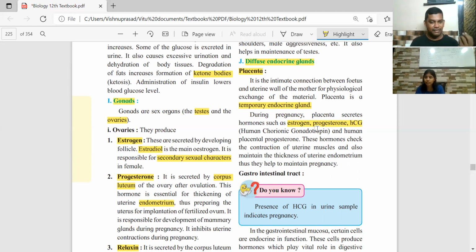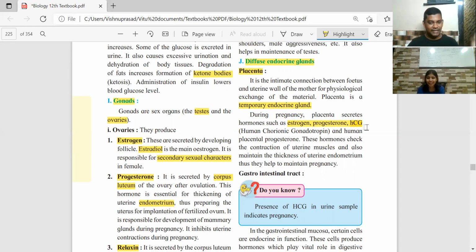If a woman is pregnant, her urine will have traces of HCG, human chorionic gonadotropin. This is secreted by the placenta, and if the placenta is there, that means the embryo is there, that means fertilization has taken place.